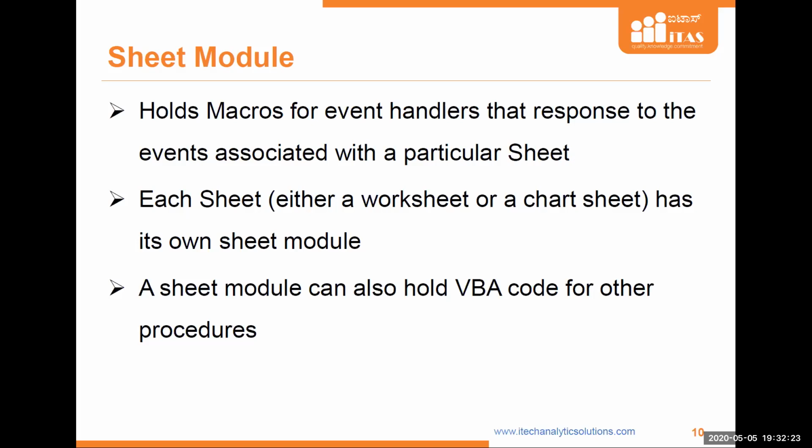As soon as the selection happens, the macro that you have written for that event gets triggered and executed. That is how it works here. And each sheet has its own separate sheet module.